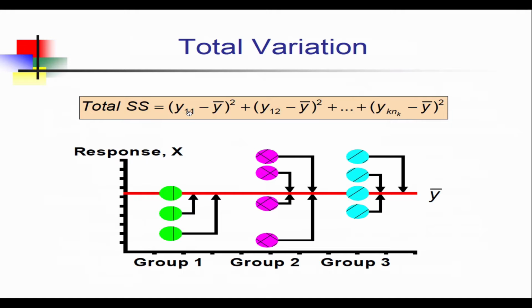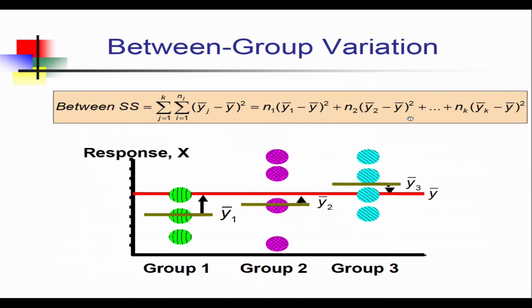And here is just a picture for the total variation. Just calculate, for each individual point, its distance from the overall mean, represented by this horizontal line. So this is the quantity for total sum of square, total variation. Here we calculate the between group variation across those k groups.